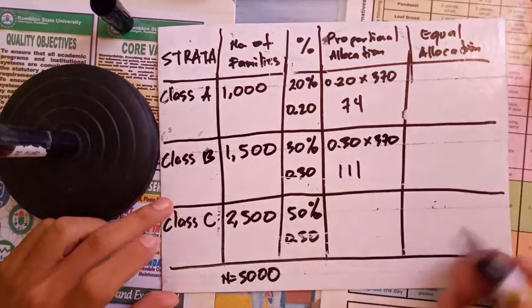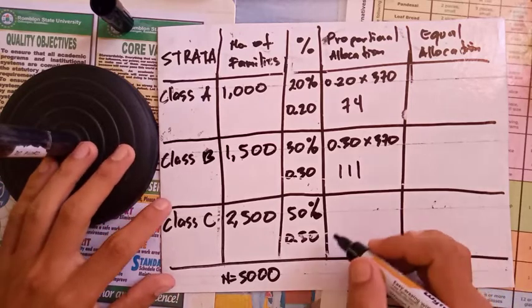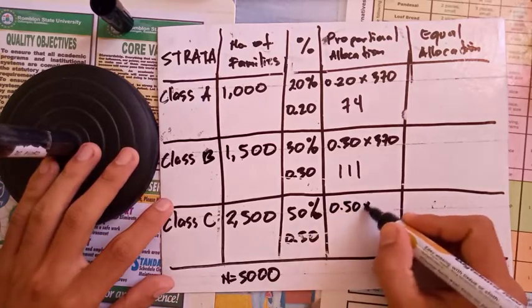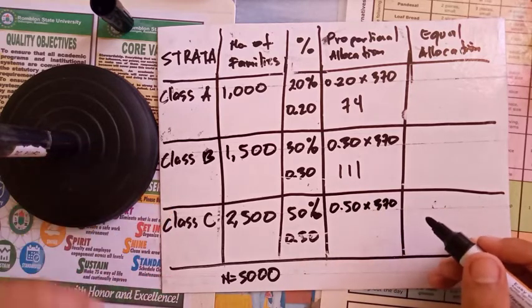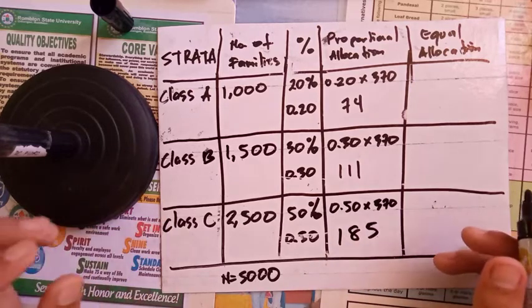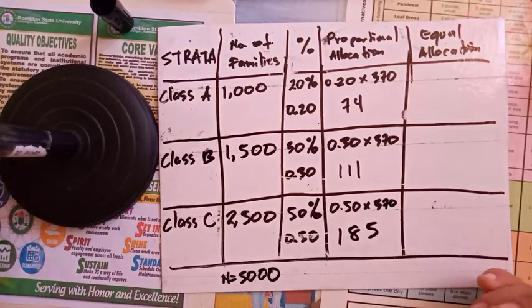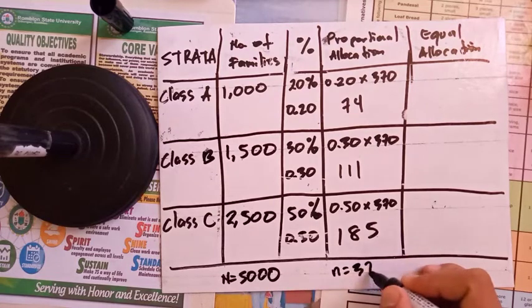So that is the proportional allocation for our class B. For the class C, our percent would be 0.50 multiplied by the sample size of 370. So that would be equal to 185. Okay, so that's how we get the sample size of our example. So our n here would be 370.